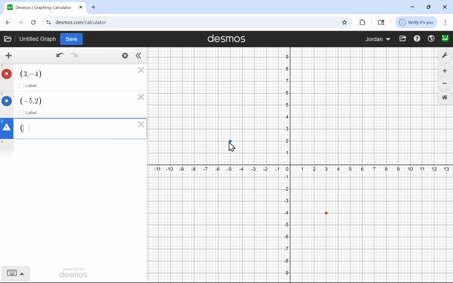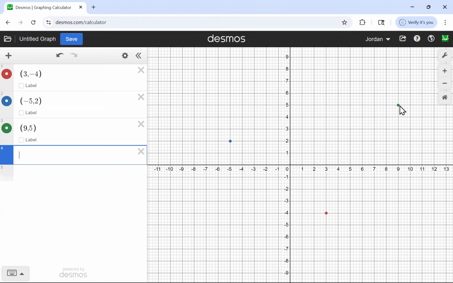And then (9, 5), again, there's where we said it was going to be. And then lastly, (-2, -8), right there where we said it was going to be. So we can plot these directly as well on Desmos using the technology. That's not what our example 1 asks us to do, but it is nonetheless an option.